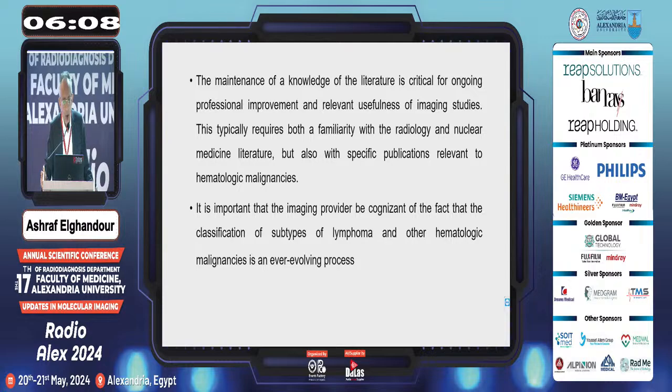The maintenance of knowledge of the literature is critical for ongoing professional improvement and the relevant usefulness of imaging studies. This typically requires familiarity with the radiology and nuclear medicine literature, but also with specific publications relevant to hematological malignancies. It's important that the imaging provider recognize that the classification of subtypes of lymphoma and other hematological malignancies is an ever-evolving process.